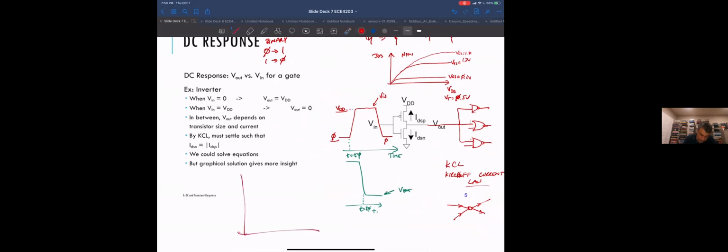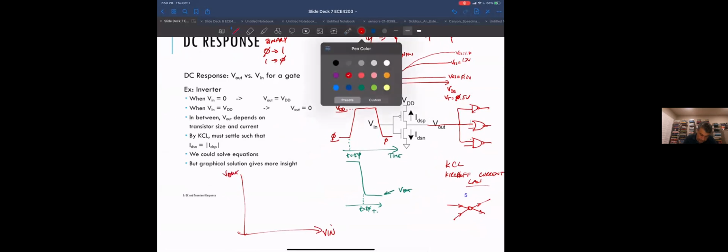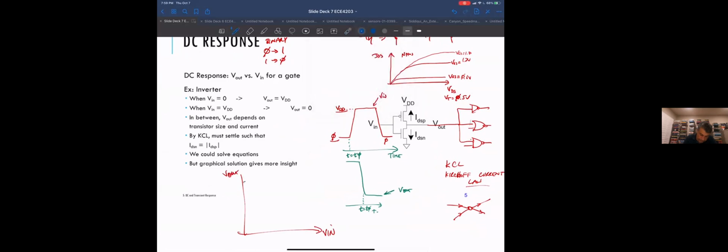So we want to plot not things as a function of time, but as a function of Vin versus Vout. Ideally, we're hoping for a curve like this, with this point being VDD over 2, and this being VDD. Okay, so we're going to see what happens.